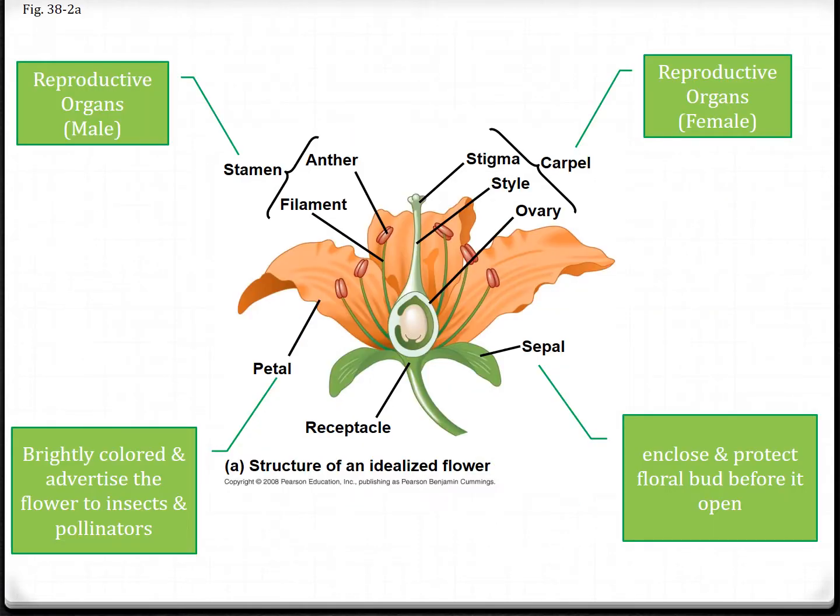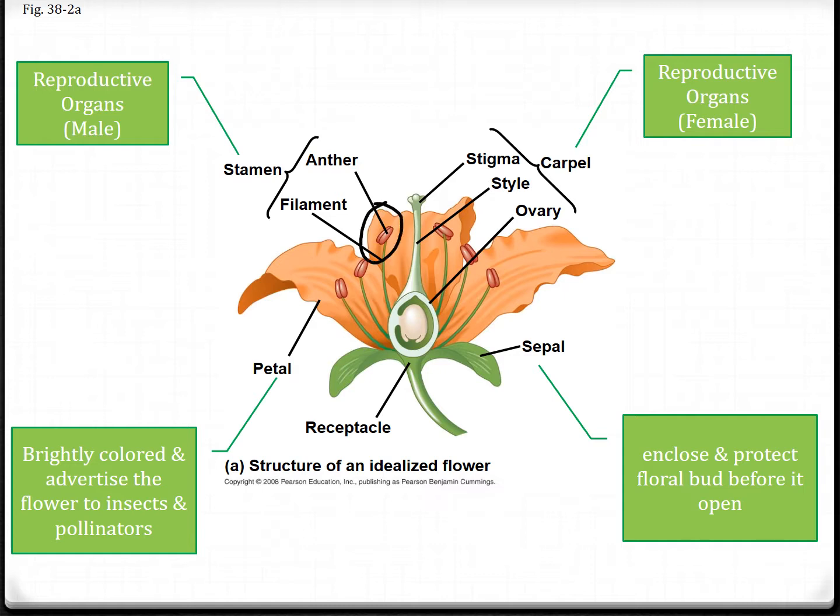So here you can see the picture of the flower showing all the different parts. Here you see the sepal. The job is to enclose and protect the floral bud before it opens. You also see the petals, which are brightly colored, and the job is to kind of advertise for insects and other pollinators to visit the flower. We have the reproductive organs for the male, which would be the stamen, which is made up of the anther and the filament.